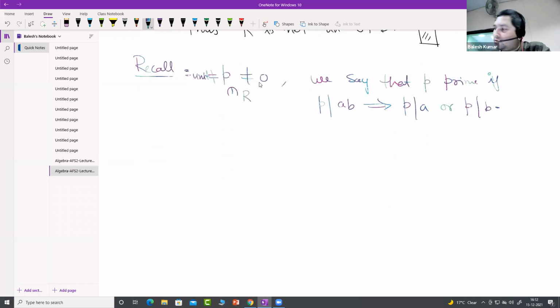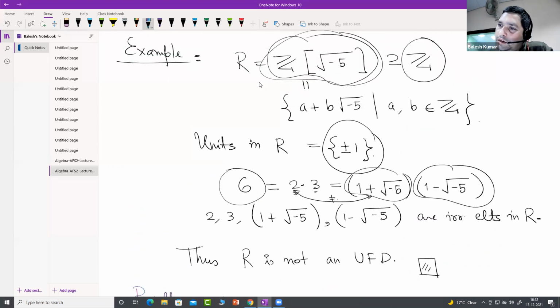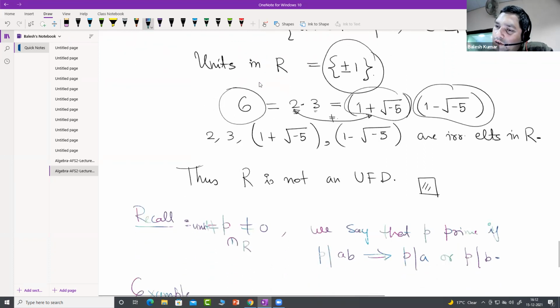Can you give an example where an element is irreducible but not a prime? I think the hint is that the same example will work here. This example itself will give you the answer.